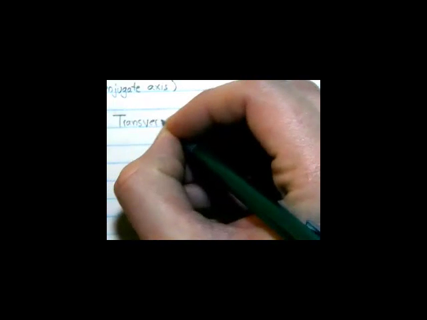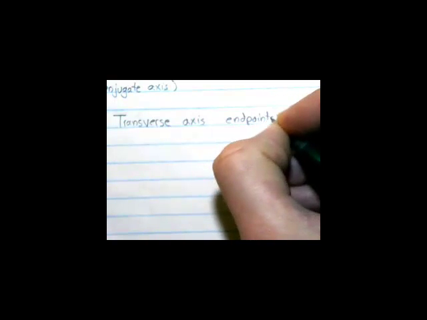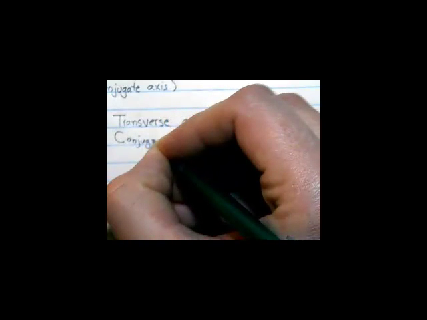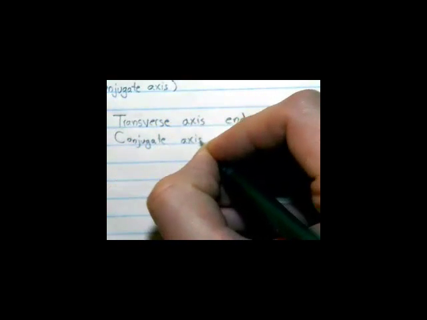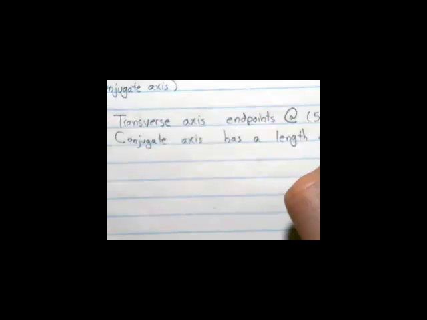So let's say that I have a hyperbola that has transverse axis endpoints at 5, 3 and -7, 3, and the conjugate axis has a length of 10.